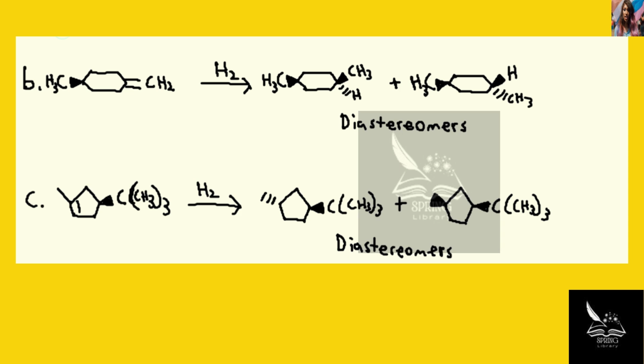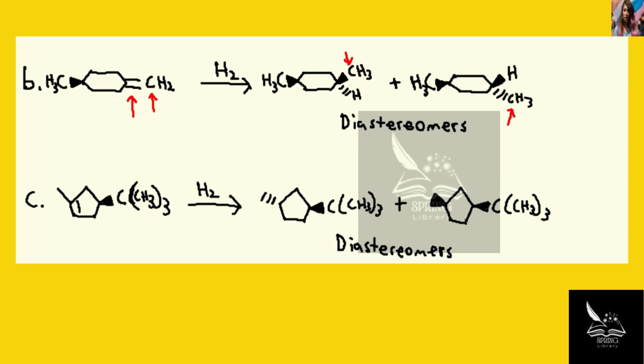For B, in the same problem, we are hydrogenating the double bond in this molecule, which is located here. And so this carbon here ends up as this carbon.